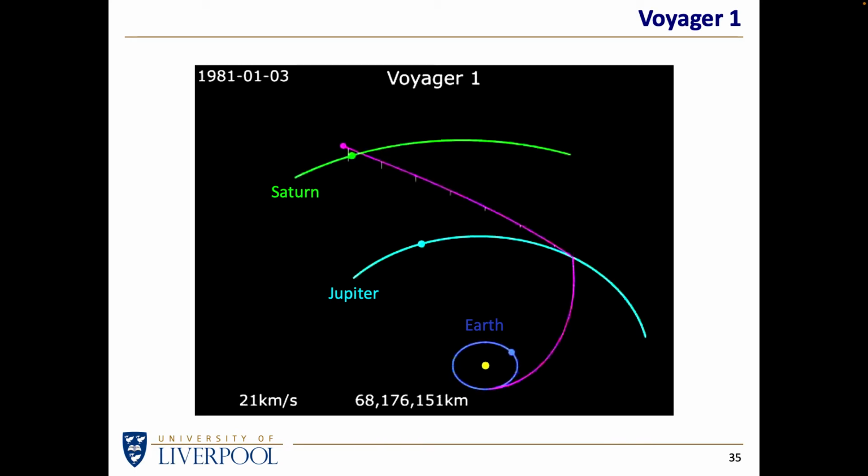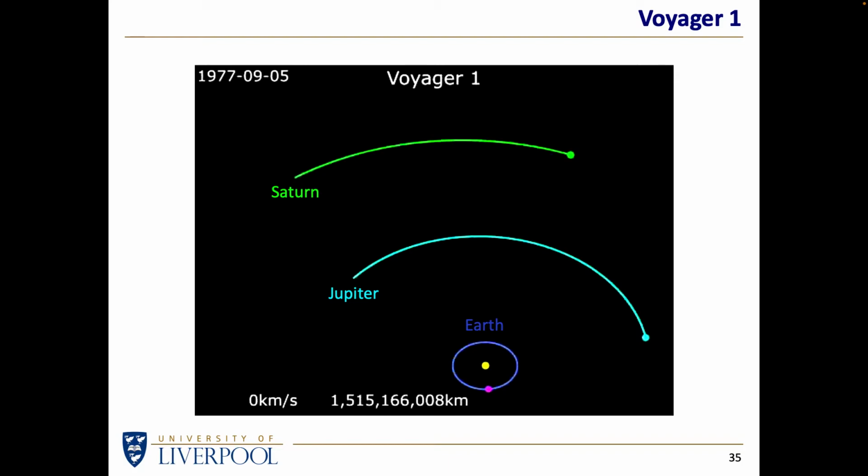Notice when it passes Saturn, no slingshot. There was no particular need to slingshot and gain speed when it passed Saturn. The primary aim of this particular maneuver was to actually look at Titan. They wanted to have a close look at Titan, and so they didn't go close to the planet to pick up speed. They went on a trajectory that took it past Titan.